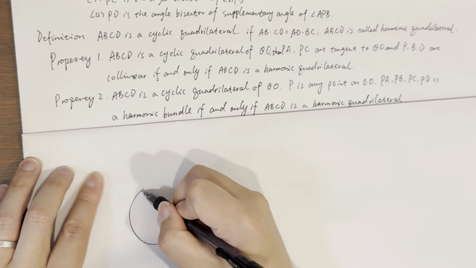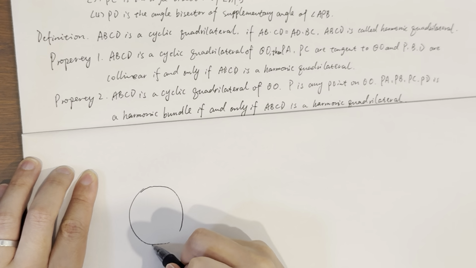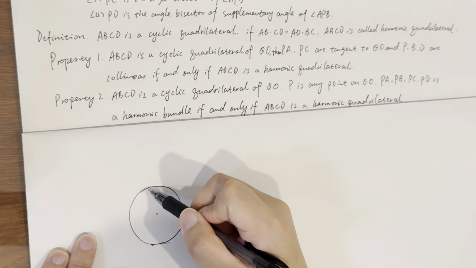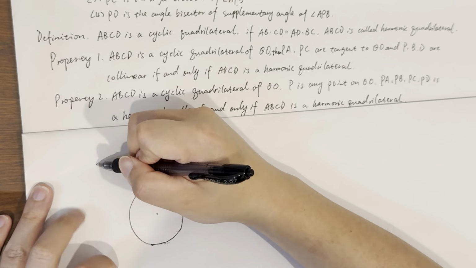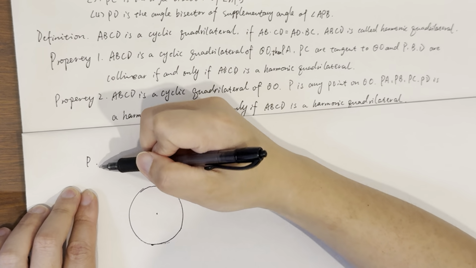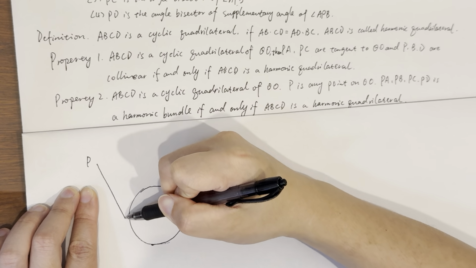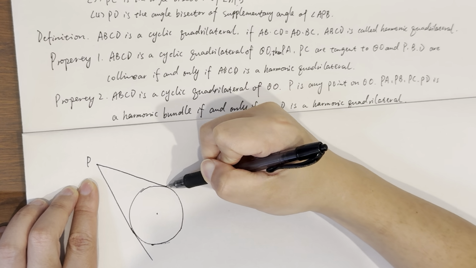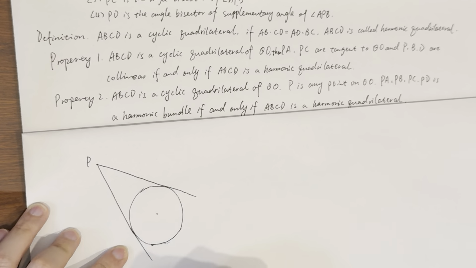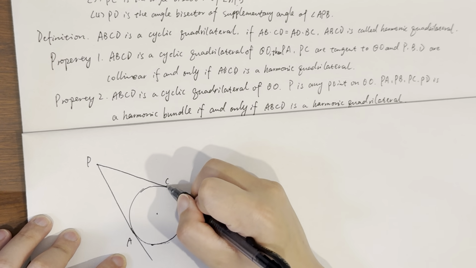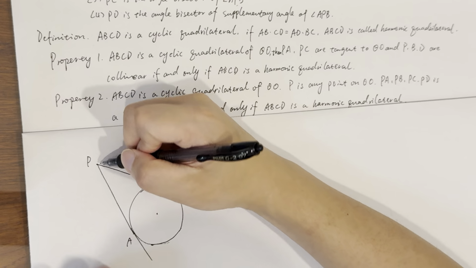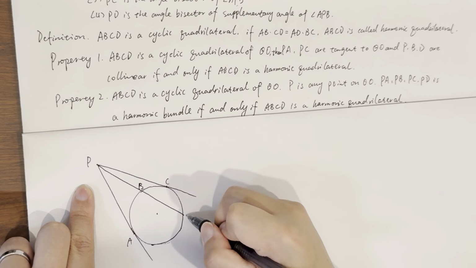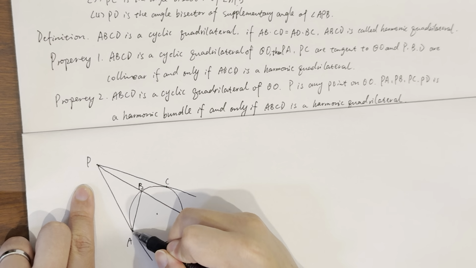So we have a circle O here, and we find a point P here, right? We draw two tangent lines. We call the tangent points A and C, right? This is BD.